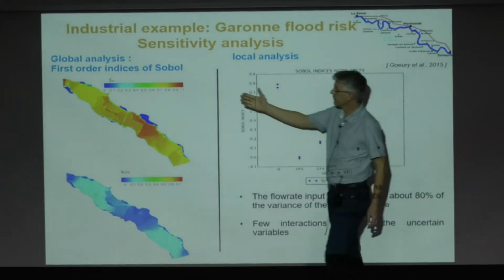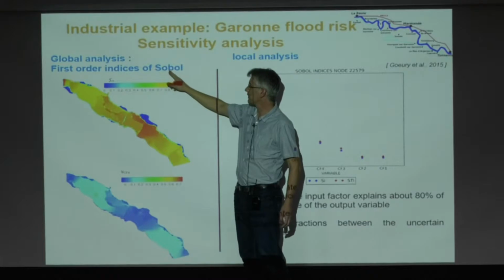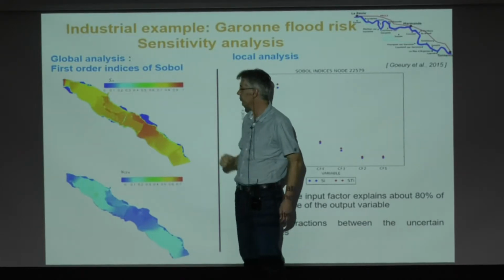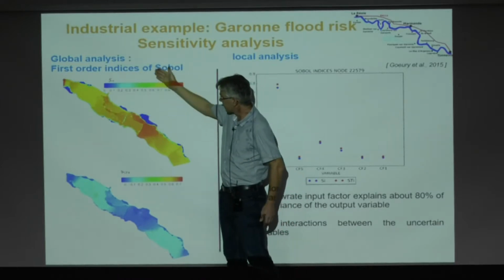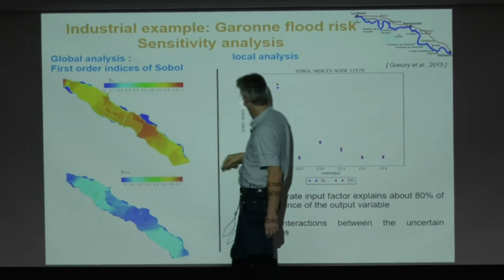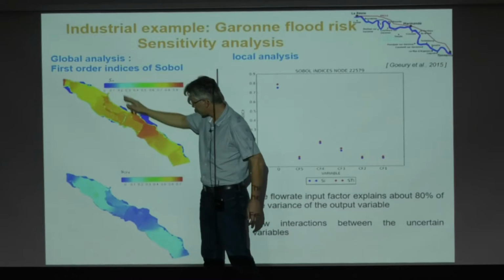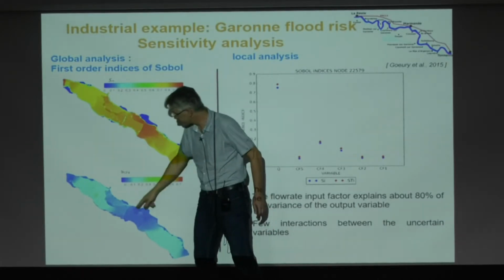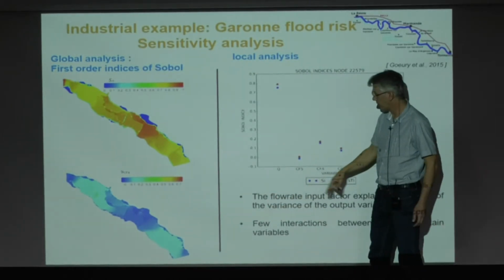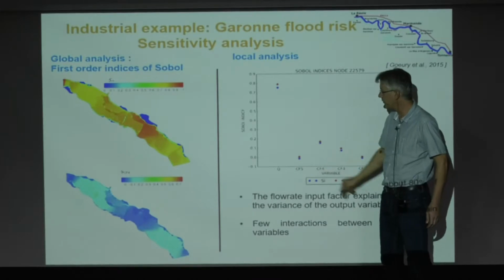Okay, so here I give some sensitivity indices that I will introduce just after, which are called the Sobol indices, which are based on the variance decompositions of the model G. And so I can see that this input here, I don't remember the name, this is a flow rate, I think, is more influential than this one, which is maybe one Strickler coefficients of the zone number 4.